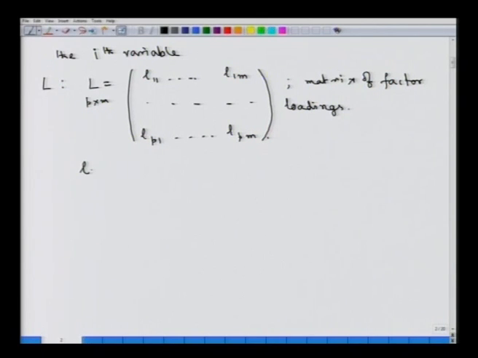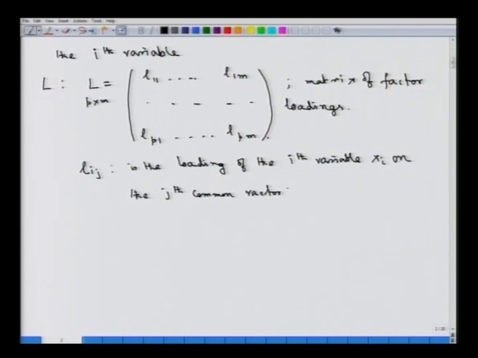Now these factor loadings have this interpretation: this Lij is the loading of the ith original variable, variable xi, on the jth common factor, which is fj.